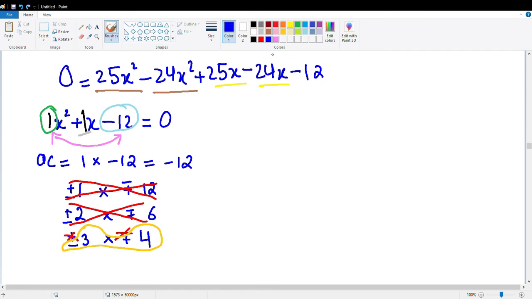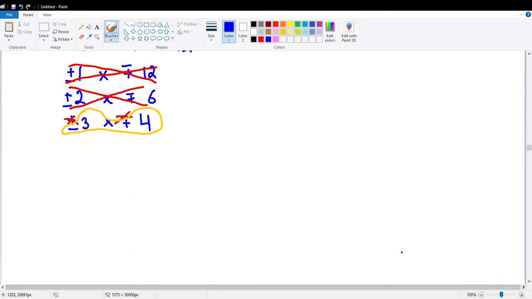So we're going to split this 1x into 4x minus 3x, or minus 3x plus 4x. So we're going to get x squared minus 3x plus 4x, and actually no, it's minus 12 equals 0.